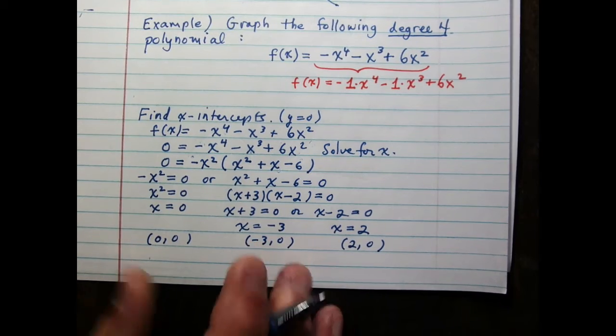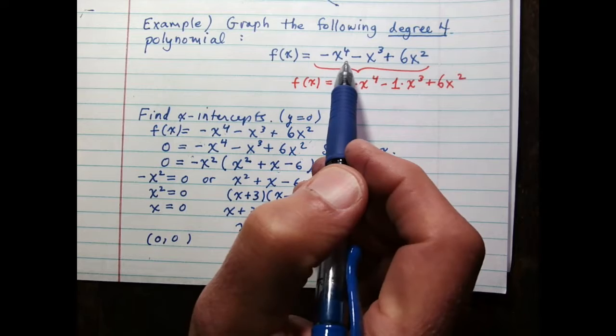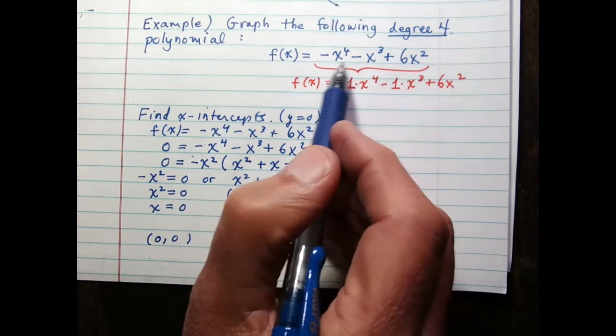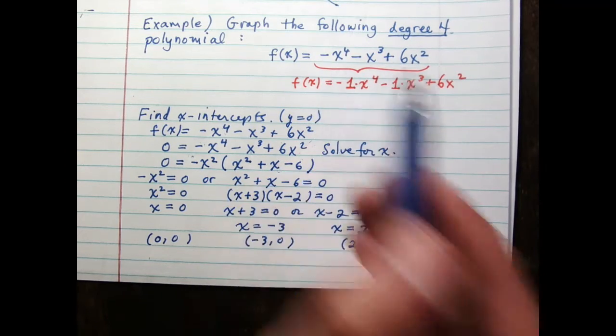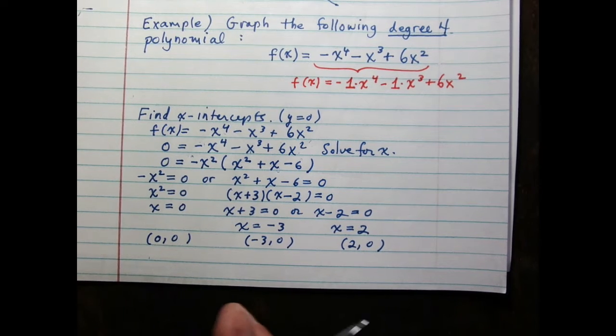You might say, why didn't you start with the y-intercept first? I guess it's just, if you look for the y-intercept here, if you plug in 0 for x, you're just going to get (0, 0). You're going to get this same (0, 0) point. That's the only y-intercept on this graph.